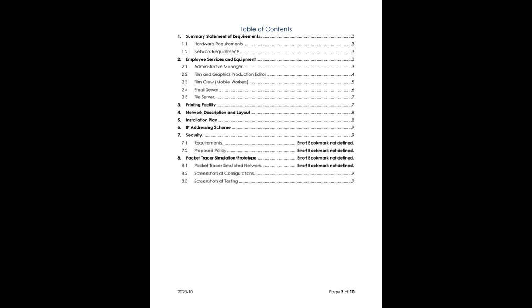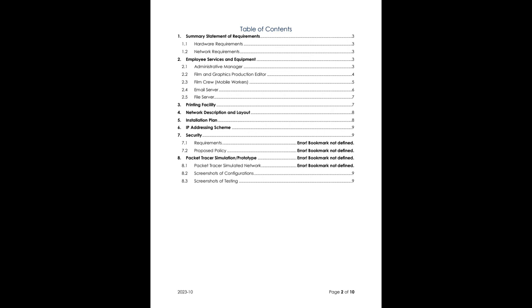these are the mobile workers, email server, file server, printing facility. Then your network description and layout. You should have a physical topology and a logical topology.